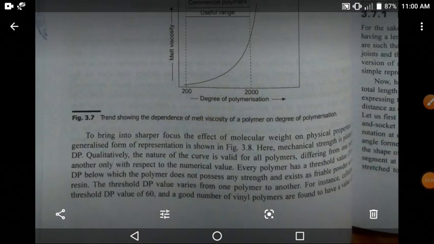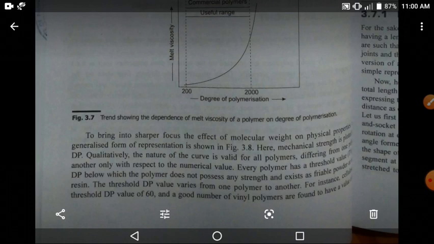To bring into sharper focus the effect of molecular weight on physical properties, a generalized form of representation is shown in figure 3.8.